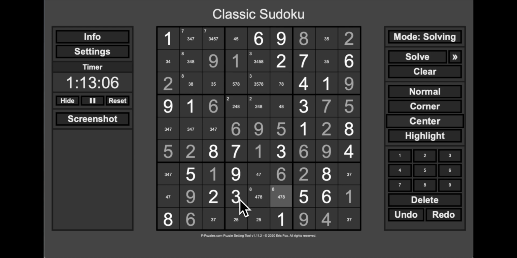Whichever one of these turns out to be an 8 forces this cell and one of these two to be a 4, 7 pair. Now, if this is 4, that could still be anything. If this is 7, we know that's 3, and that's 4.